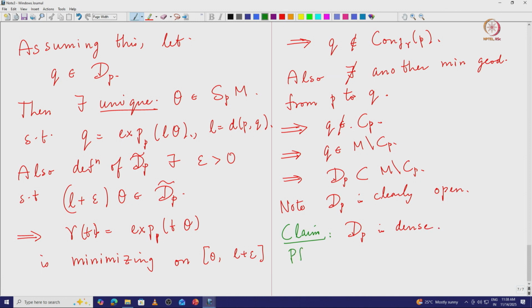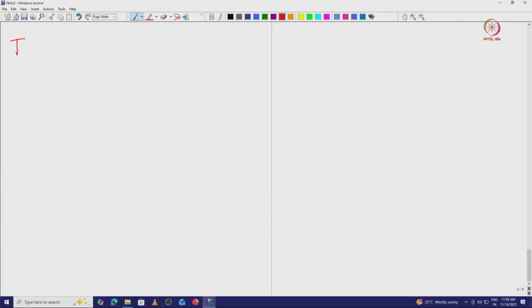Okay. What is the proof of that? Indeed, let q be in the complement of D_p, but of course we know that the complement of D_p is simply the cut locus, right. So, then there exists a unit tangent vector theta such that q is the exponential of the cut time times theta.